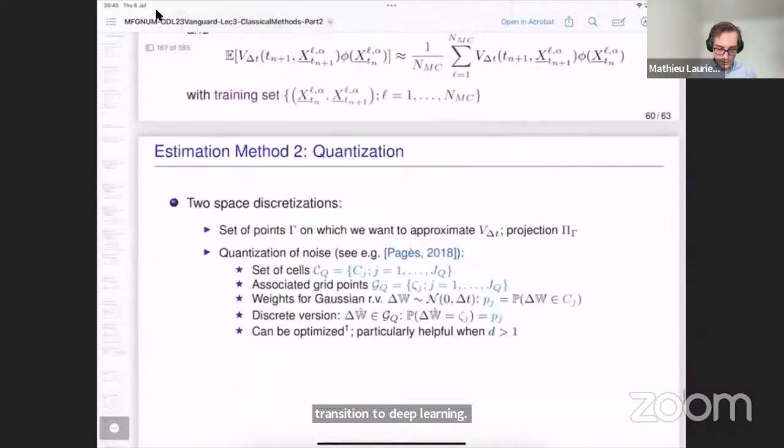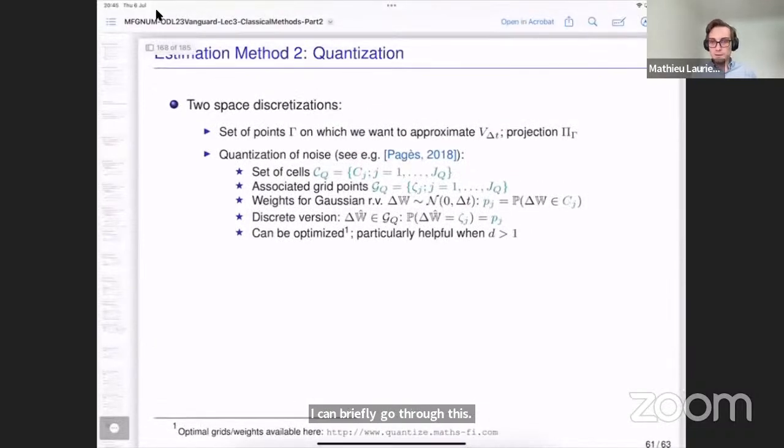Another method is quantization. In particular, Gilles Pagès has worked a lot on this, and on his website, or the website given at the bottom, you can find grids of points and the associated weights in order to do quantization. The idea is to discretize space and to discretize the jumps for the noise. Based on that, you can also estimate conditional expectations.